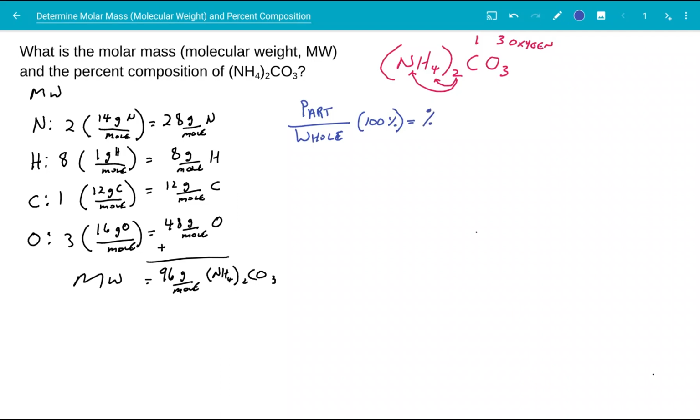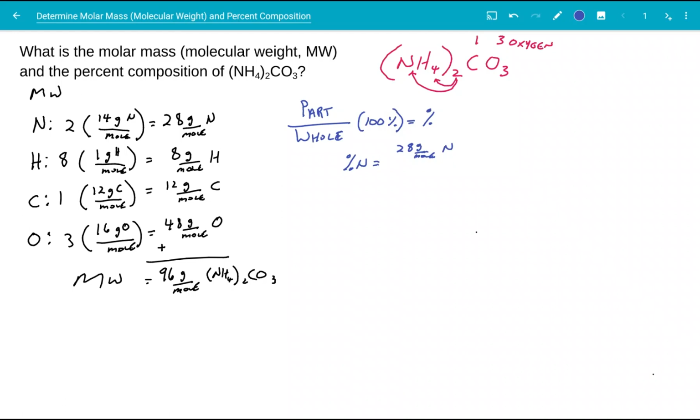Okay, so here's the beauty. These values that we did for nitrogen, hydrogen, carbon, and oxygen are the parts. The total is the whole. So to write this out properly, you're going to go percent nitrogen equals 28, and I'm going to put units so that we know what we're doing here.